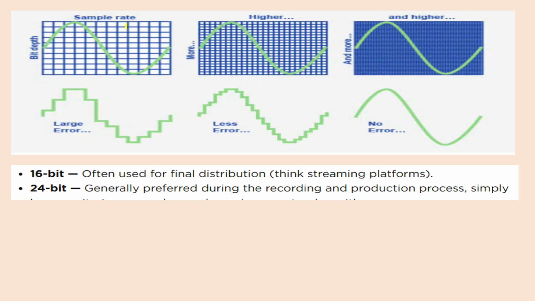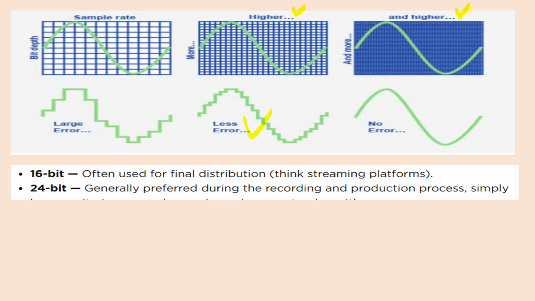Here we are increasing the bit depth: 1, 2, 3, 4, 5, 6, 7, 8, 9, 10, suppose up to 16, which is more bit depth. So higher bit depth, less error.